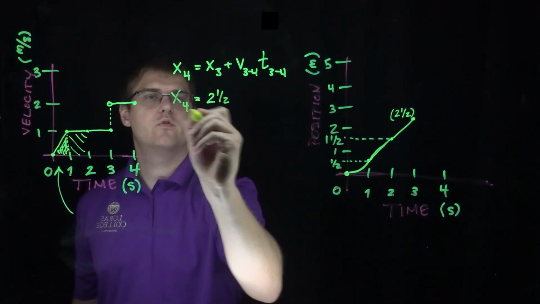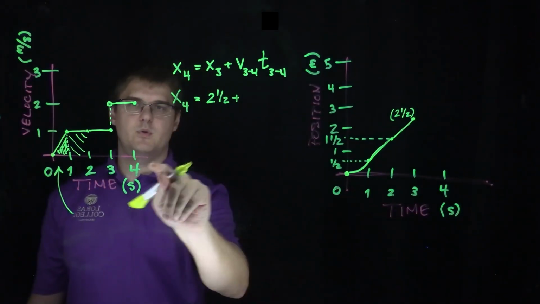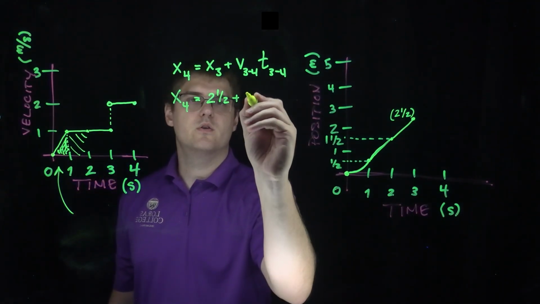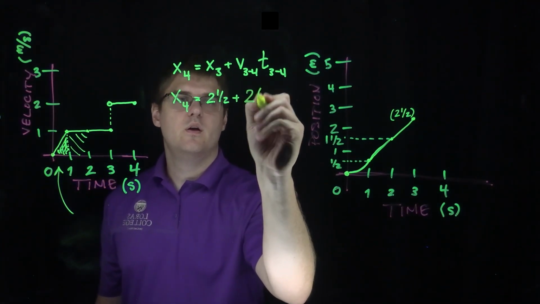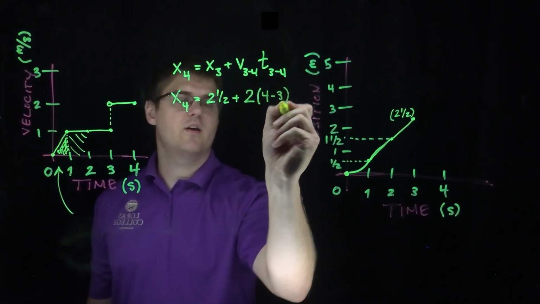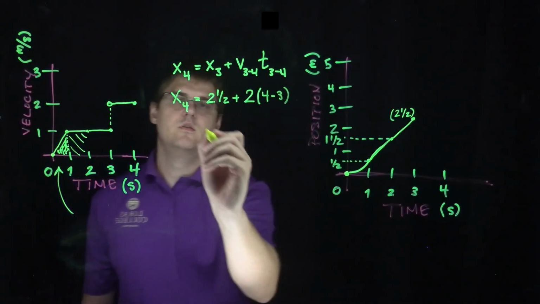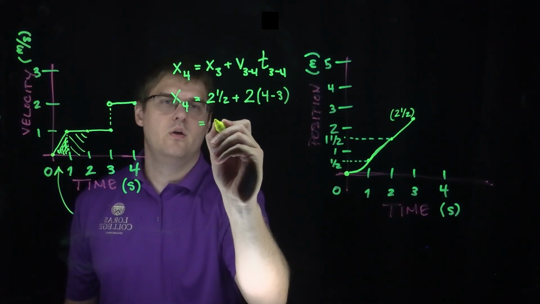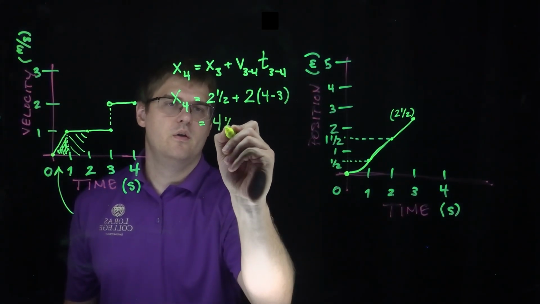We're solving for x4. Our velocity between 3 and 4 is 2 meters per second, so 2. And time 3, 4 is going to be 4 seconds minus 3 seconds. That's 1 second. So I end up with 4.5.